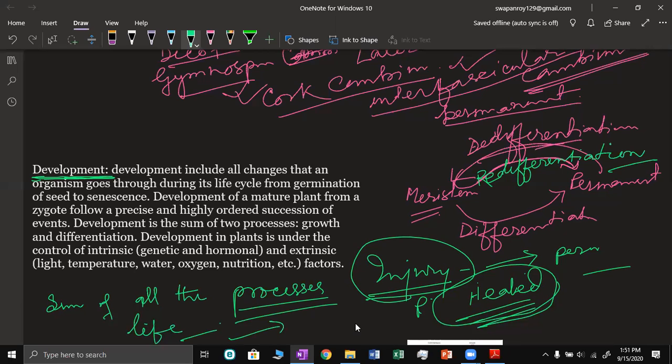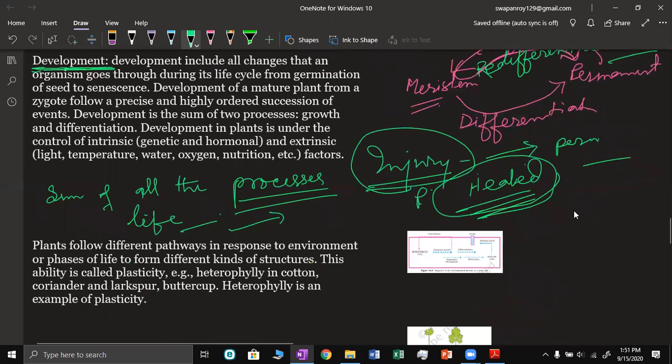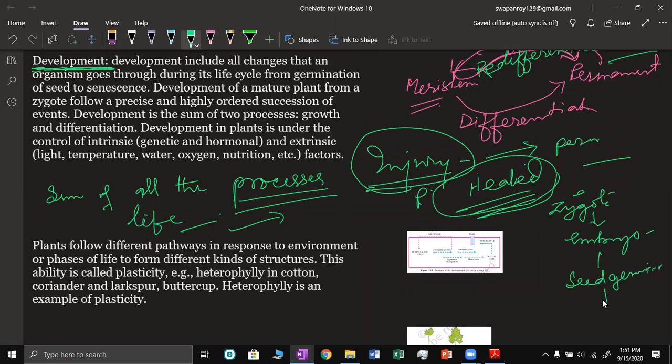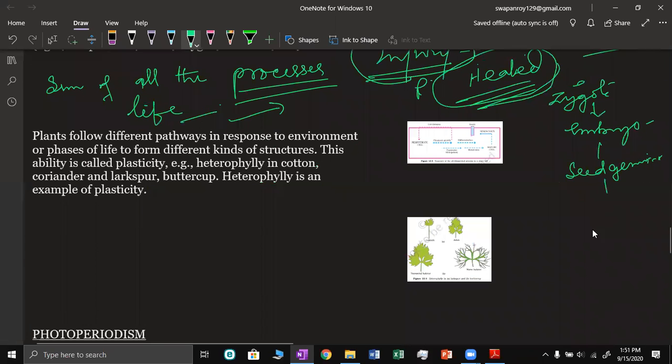So in the case of a plant, the organism starts with, say, one egg, the zygote. From the zygote it forms the embryo, that embryo in the seed germinates, it grows, it flowers, it fruits, and then after all this there is death, senescence.